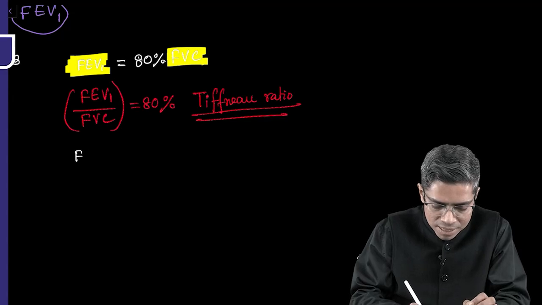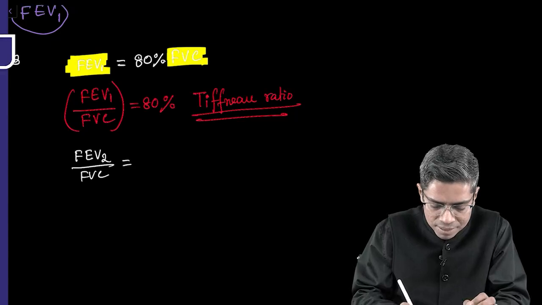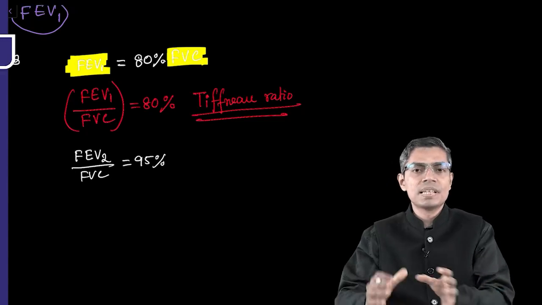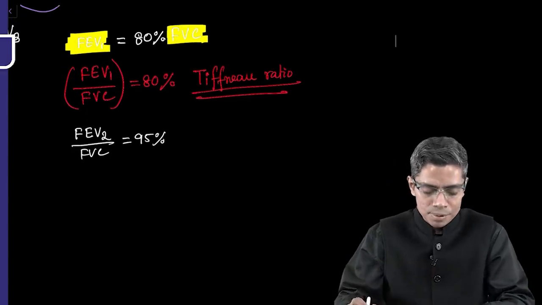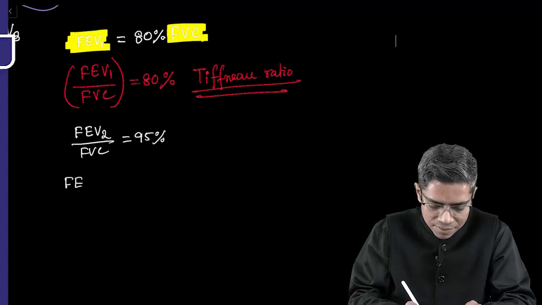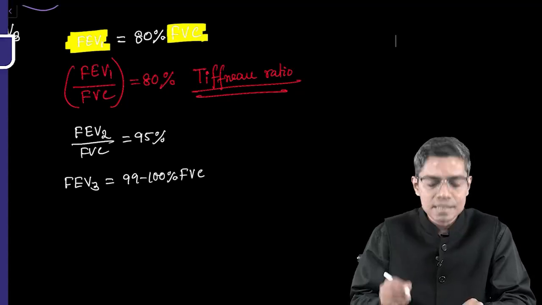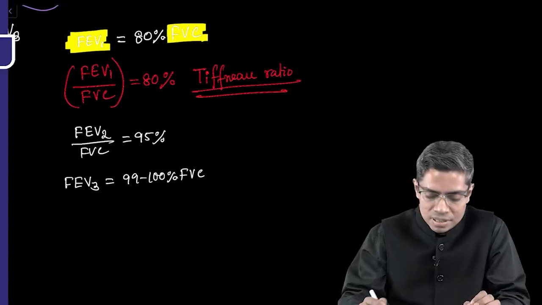Similarly, if you take the ratio of FEV2 upon FVC, then this is 95%, meaning FEV2 is 95% of the total volume, and FEV3 is almost 99 to 100% of FVC. So these three numbers you have to remember.